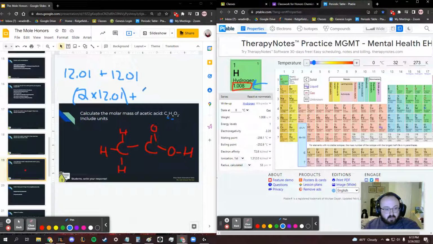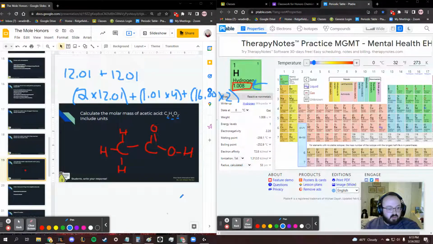We'll use 1.01 times, how many of them do we have? We have 4. Plus, we go to our last element, which is oxygen. Oxygen is 16 from what I had last time. Plus 16, and we have two of them, times 2.